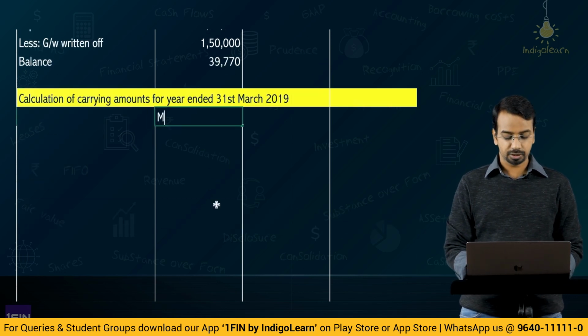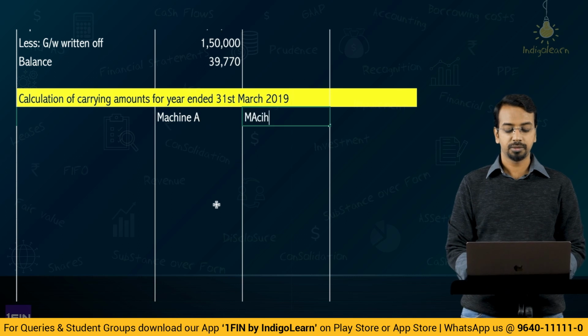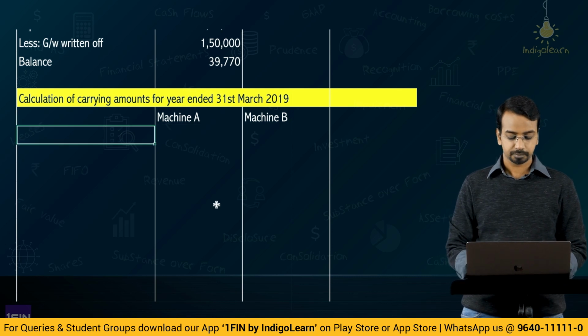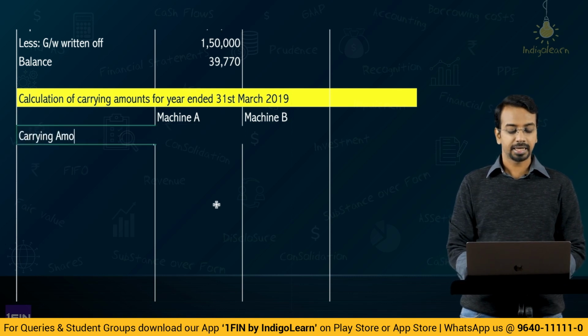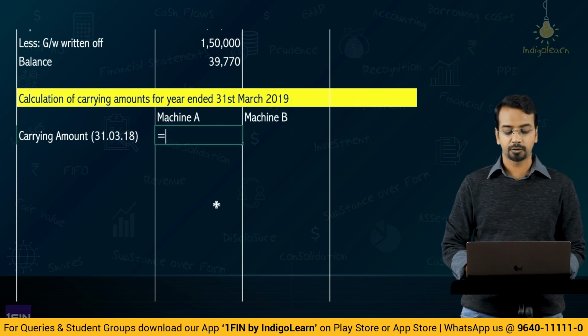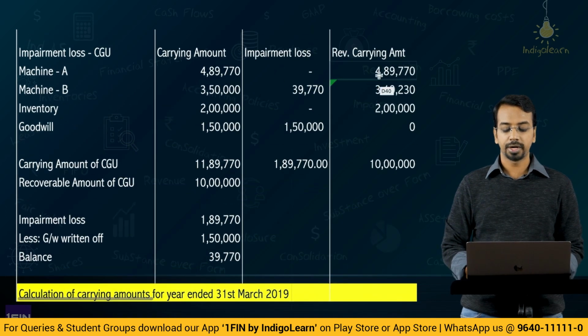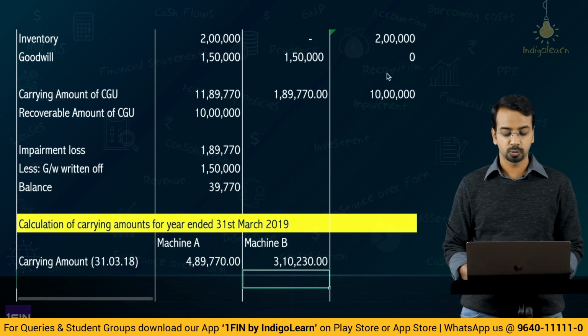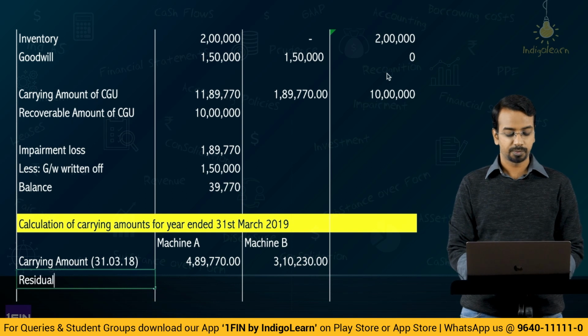So, we will calculate depreciation for machine A and machine B, and then we will add the carrying amount of inventory to this. Okay. So, carrying amount as on 31st of March of 18, we had calculated for machine A to be 489,770 and for machine B to be 3,10,230. What is the residual value?